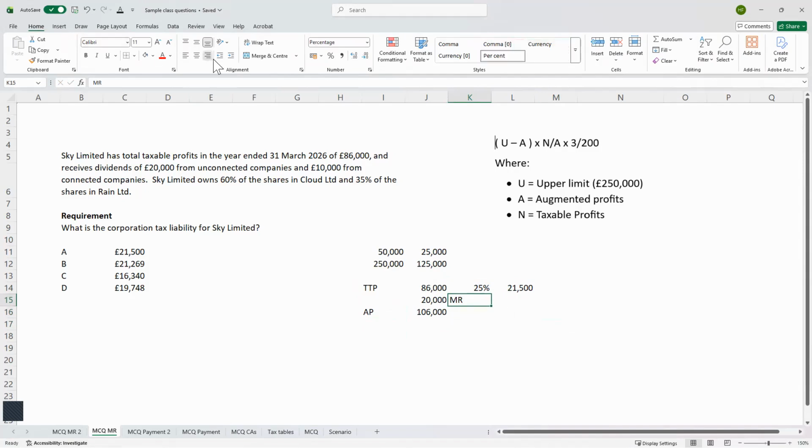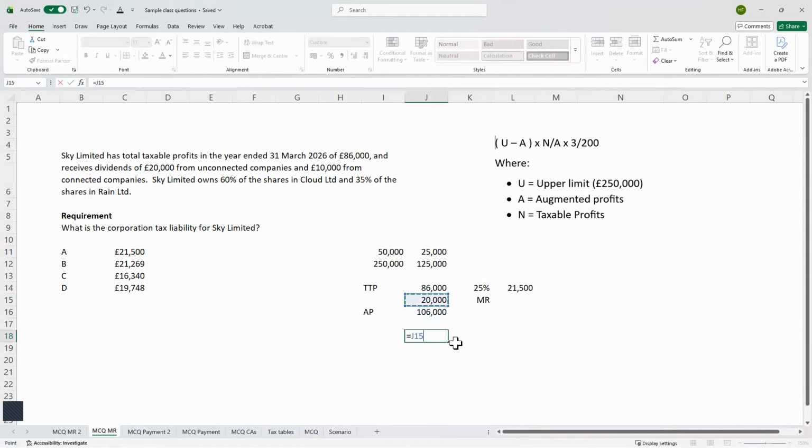So the marginal relief calculation is here. You won't have this in the exam, but I've pasted it here so we can work through it for this class. So we need to take the upper limit, so 125,000, minus the augmented profits. We're then going to take this number, multiply it by the total taxable profits and divide by the augmented profits and then times by the marginal relief fraction, which is 3 over 200.